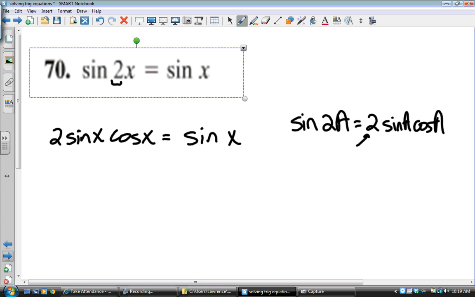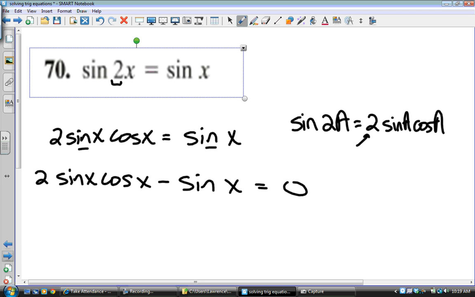But you do have these that are alike. Now, I'm going to do this next step, and it's just kind of hard to describe why, but I'm going to set it equal to 0. Let's see if you can figure out why I would want to do that. What can I do with that like term of sine x? You can't really combine it because this one's got the cosine x.